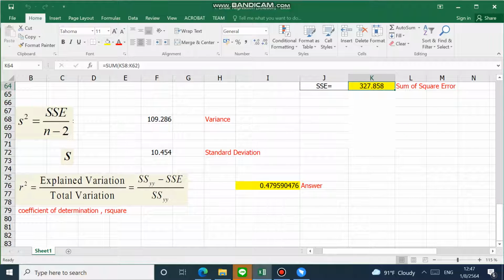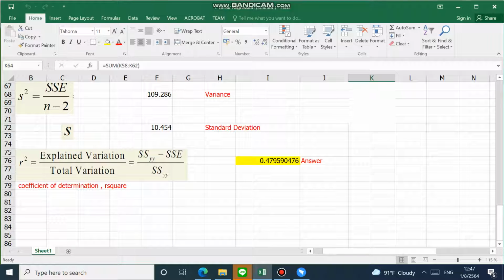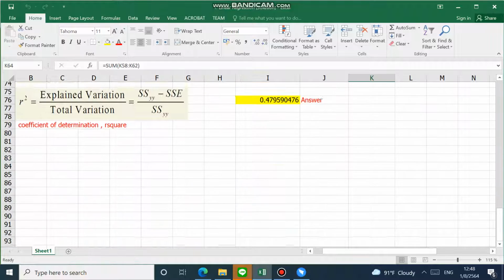And now you can compute the coefficient of determination R square. R square is equal to SSYY minus SSE divided by SSYY. Finally you get the final value of the coefficient of determination R square, 0.479.